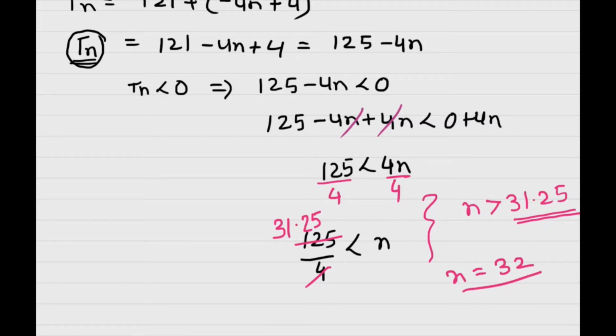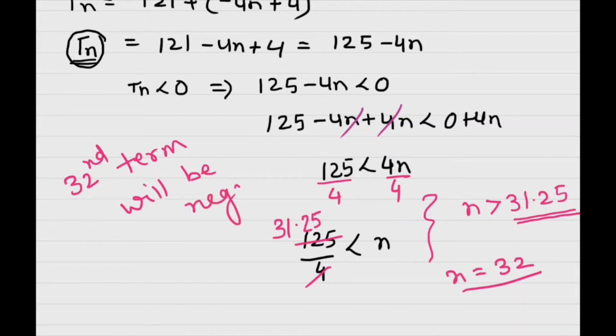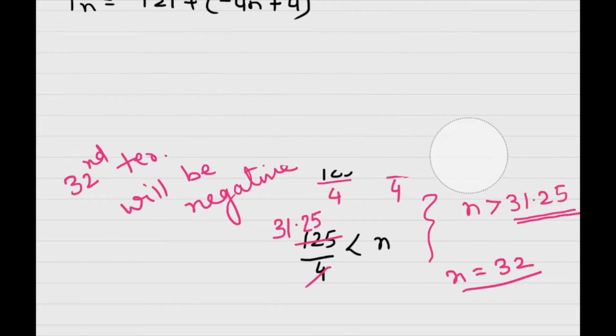Your 32nd term will be negative. If you want to clarify, you can just find out your 32nd term, so that you can check whether whatever you are getting is correct or not. Let's see what is our 32nd term.